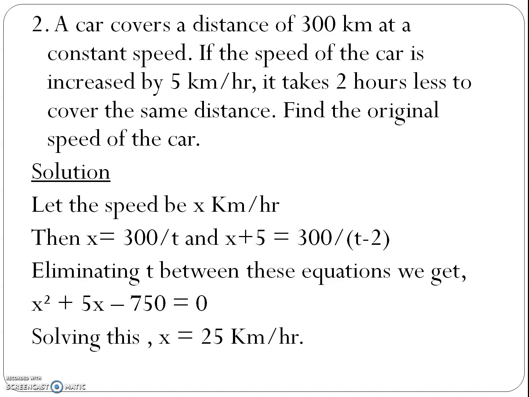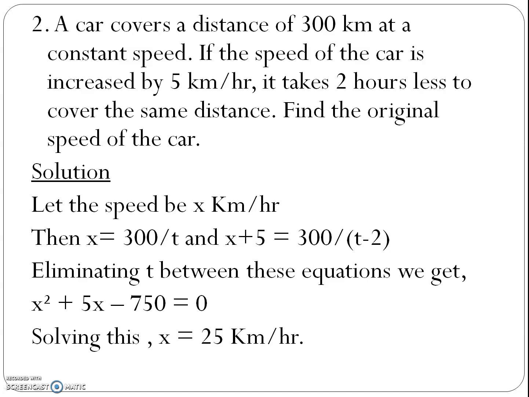Then x equals 300 by t, where t is the time taken. When the speed is increased by 5, then x becomes x plus 5 and the time is decreased by 2 hours. Therefore, instead of t we have t minus 2.